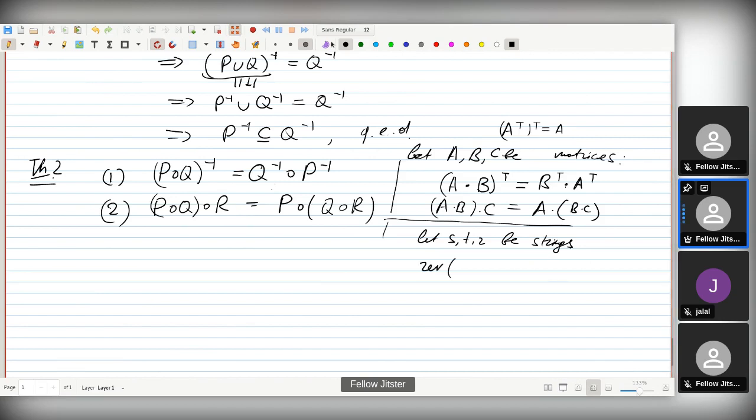Do you remember this reverse operation? You will have a string x1, x2, xn, then the result is a string xn, xn minus 1, and so on. Do you remember this operation? Yes. What is the double reverse of a string? The same string.